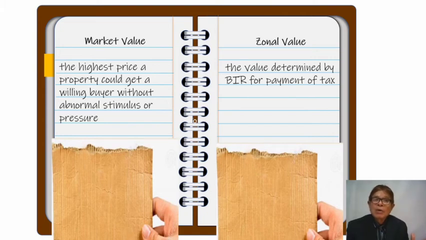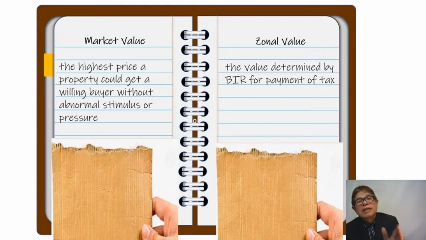Zonal value also determines the amount to be paid for capital gain tax when the property is sold. If the zonal value is higher than the market value or price agreed by buyer and seller, it's zonal value that will prevail in the collection of capital gain tax.